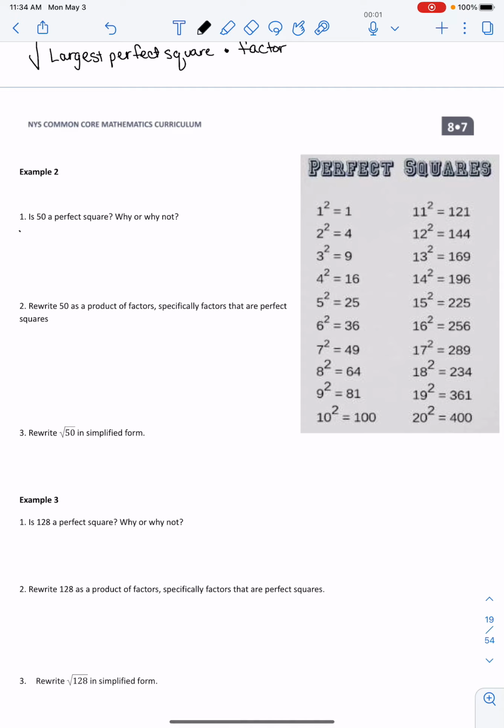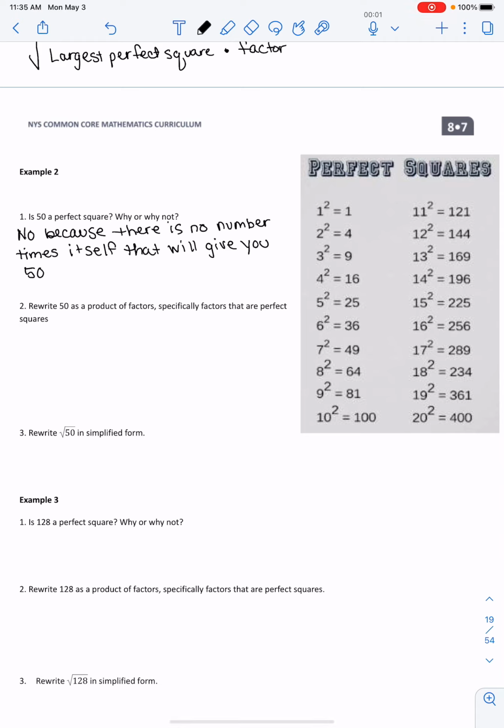And the answer is no, because there is no number times itself that will give you 50.